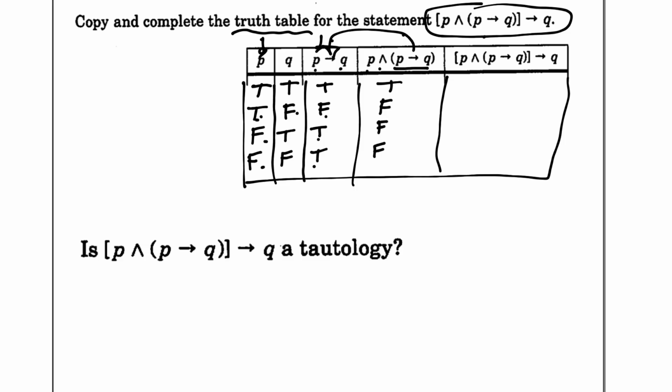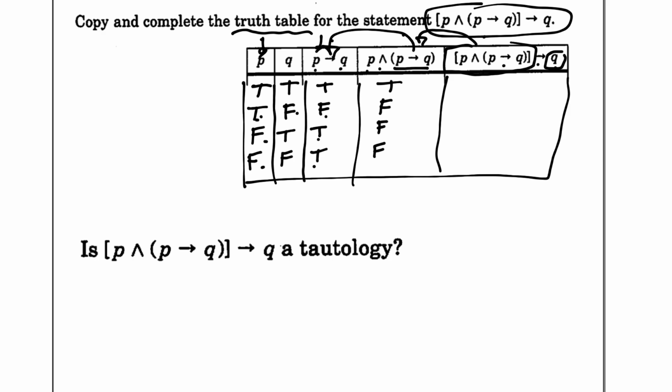And then finally, we look at this. Notice how we have an if-then, and Q is the conclusion. And this thing, which is actually what we just figured out, is the hypothesis. So we're looking for ones. The only time that's going to be false is if the first thing is true and the second thing is false.